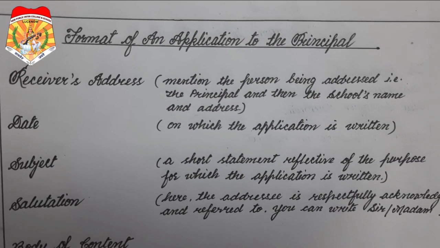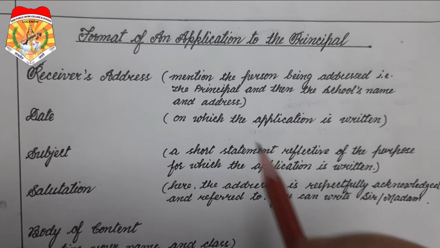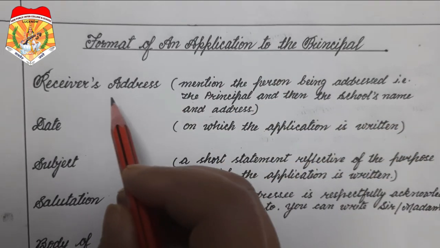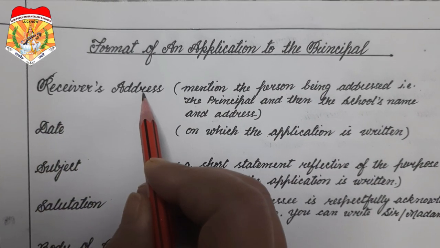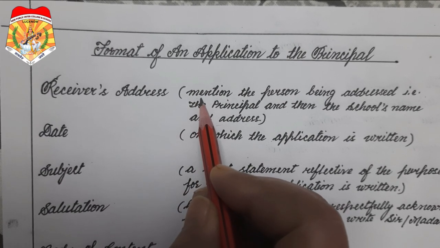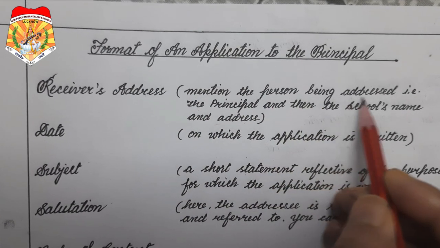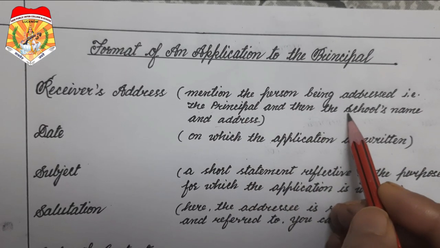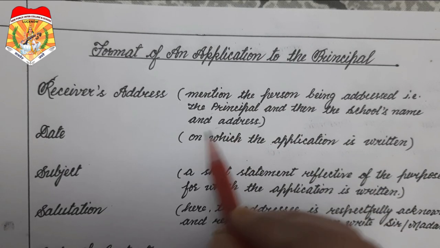Now, we will discuss the format for writing an application to the principal. First of all, you will write receiver's address. And under this section, you will mention the person being addressed, that is the principal, and then school's address.